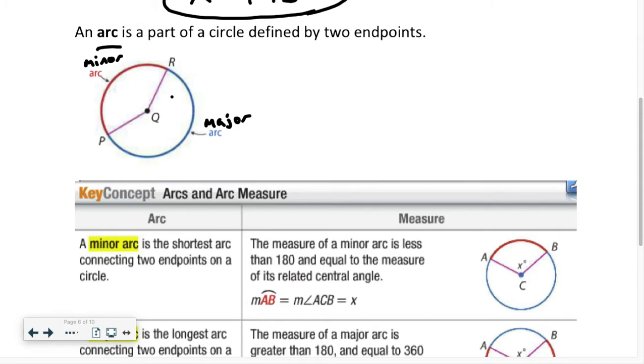So as you can see in this diagram here, arc AB, that's a minor arc. It's less than 180 degrees. Okay. And the measure of that arc is equal to whatever that related central angle is. So obviously that angle, that's less than 180. So that would be a minor arc.